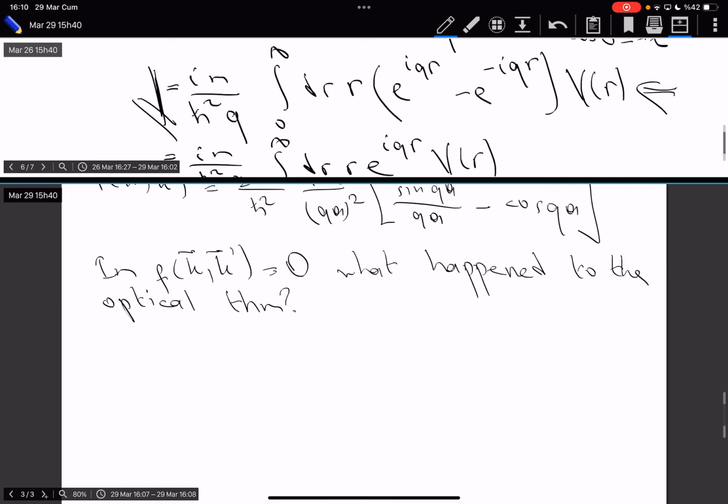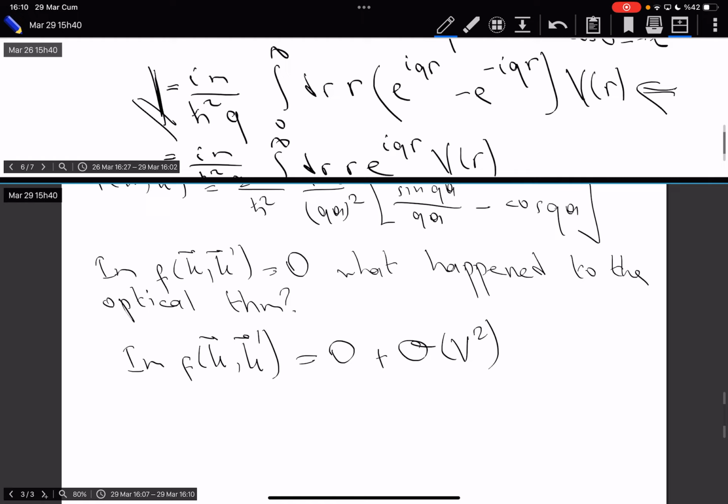You see, the imaginary part of f is zero plus corrections of the order of v squared. We don't know that it is zero. The only thing we know is that the imaginary part of f is of the order of v squared.